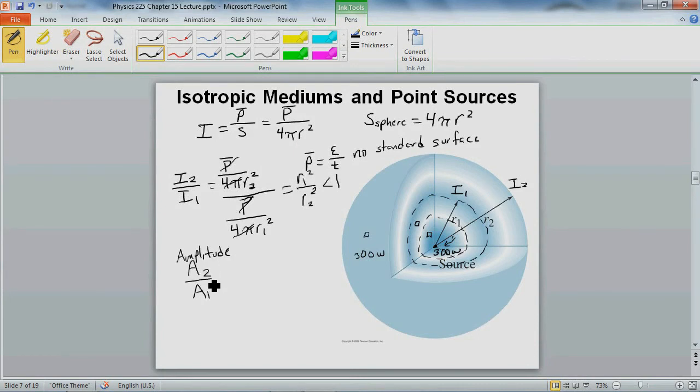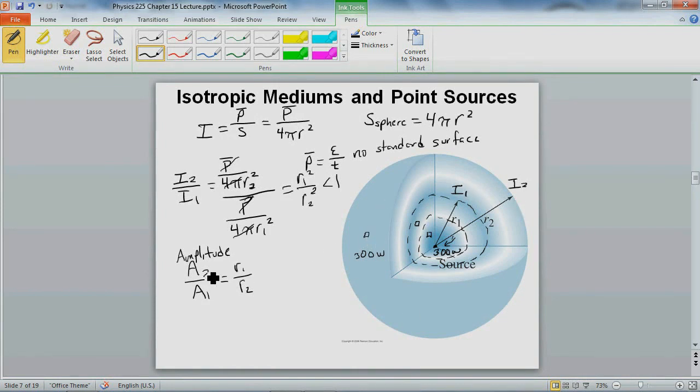So amplitude A2 over A1 would equal R1 over R2, and the amplitude would be decreasing because we expect that as the wave travels through this medium, there's going to be a dispersion of energy, and so the amplitude is going to decrease as the energy gets spread around the sphere.